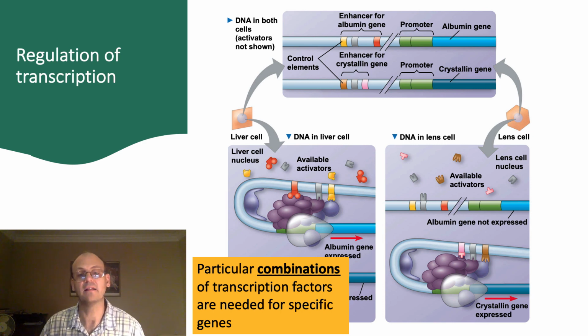In the lens cell, on the right, the cell doesn't produce the same transcription factors needed to start transcription of the albumin gene. However, it does produce the necessary factors to get the crystalline gene transcribed. So instead of requiring a particular transcription factor, genes generally require specific combinations of those transcription factors.